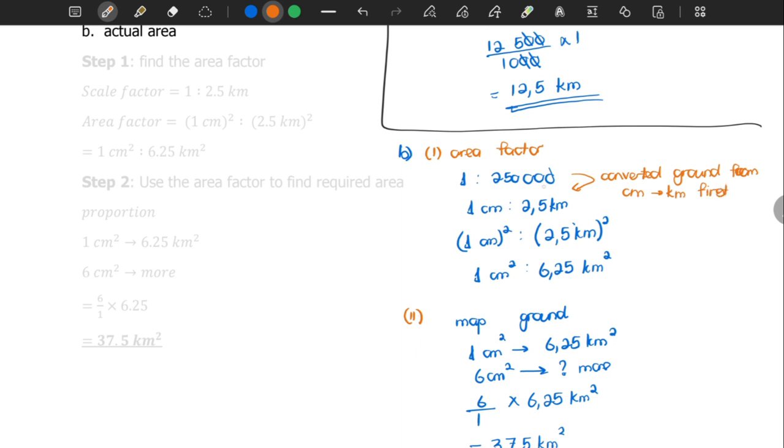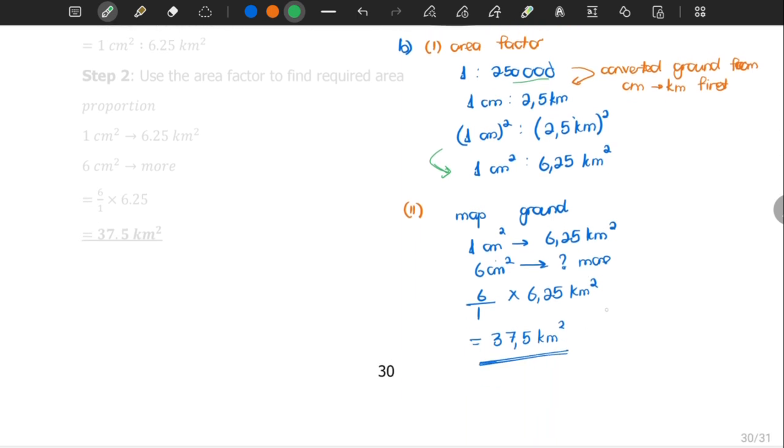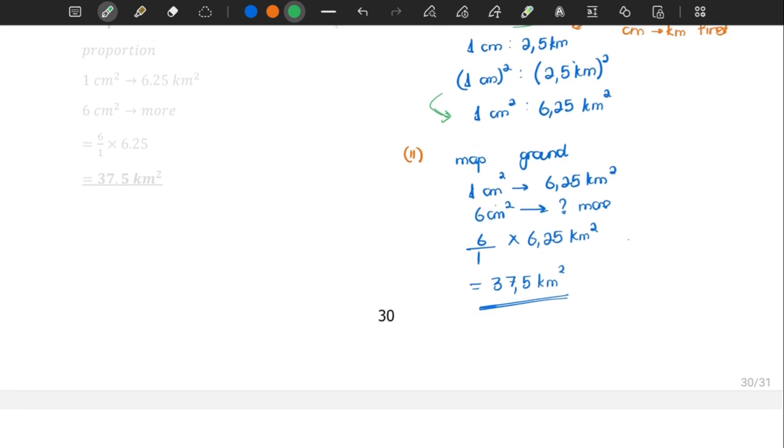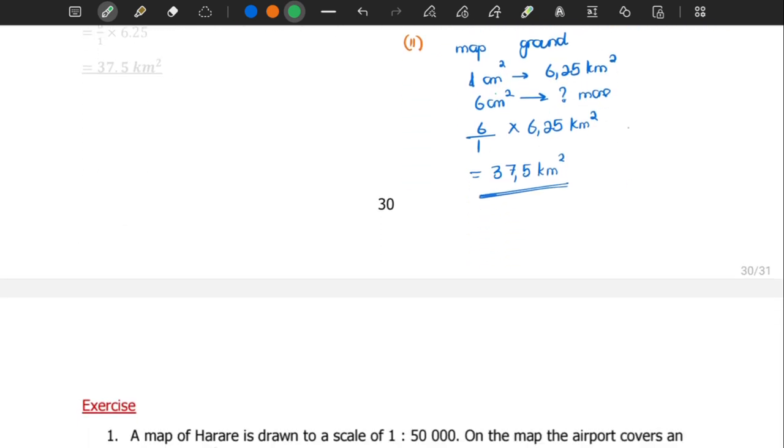You can also leave it in centimeters, then compute everything, but then you'll be dealing with a very large number, and still do the proportion, find the answer in centimeters squared, and then convert it to kilometers squared using unit conversion. But this was much easier and much simplified. So yeah, that's one approach you can use.